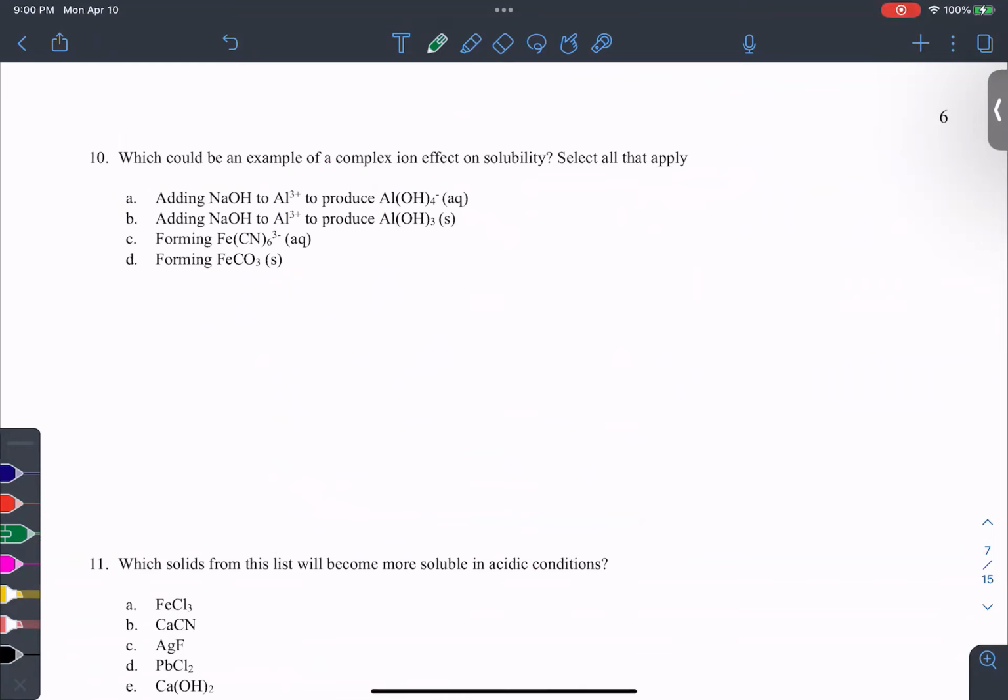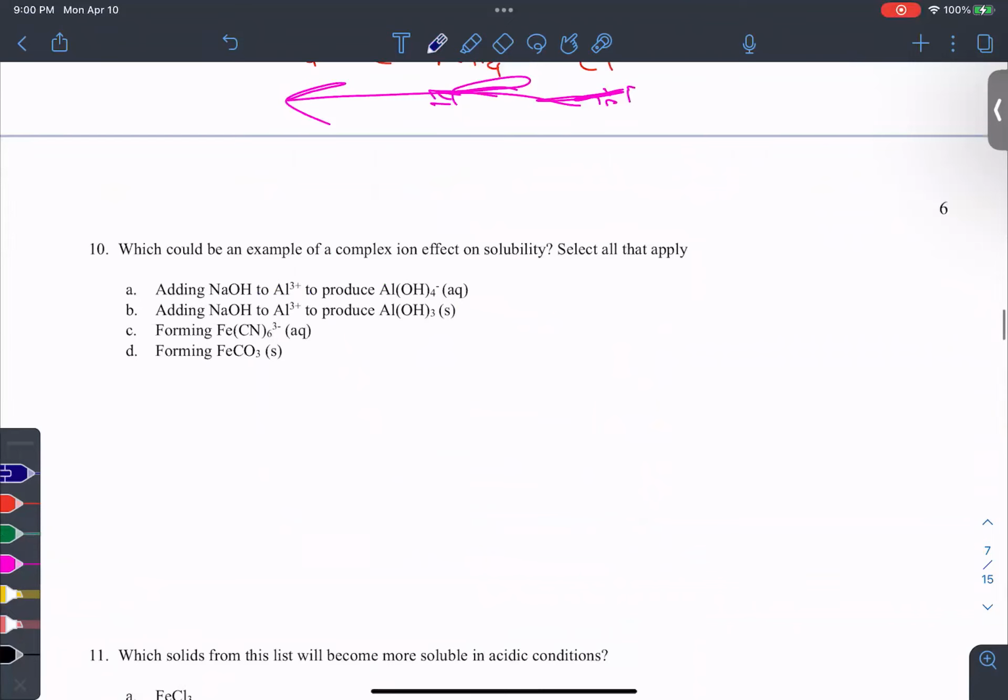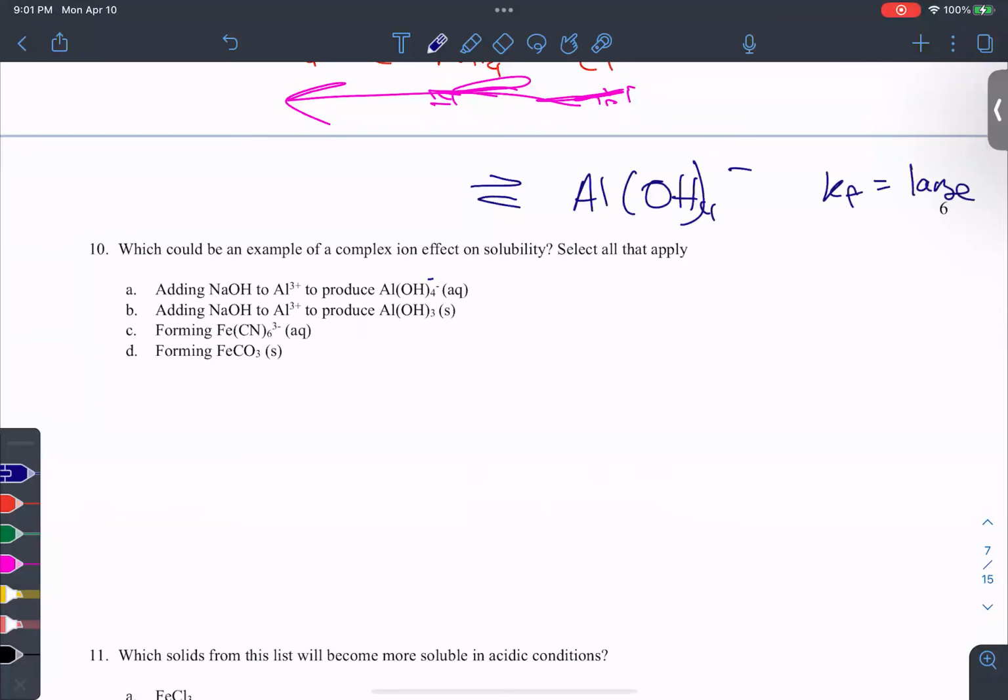Complex ion formation. This is kind of the hardest one, and it's the most different. When we're forming a complex ion, so this first substance is a complex ion, we're always forming it. These typically have KF values associated with them. These KF values are very, very large.